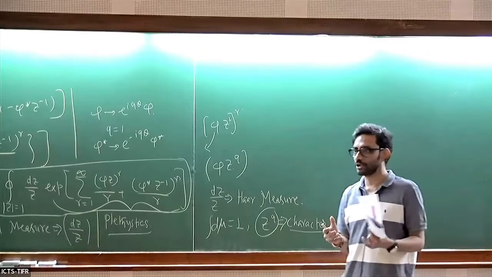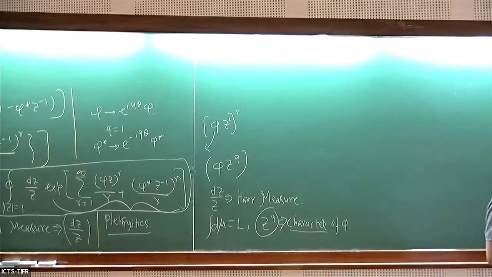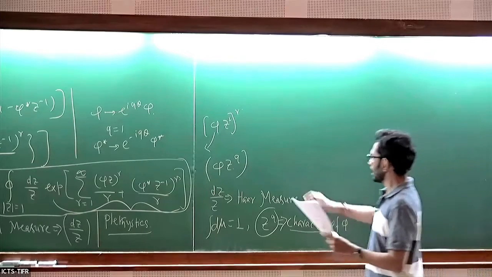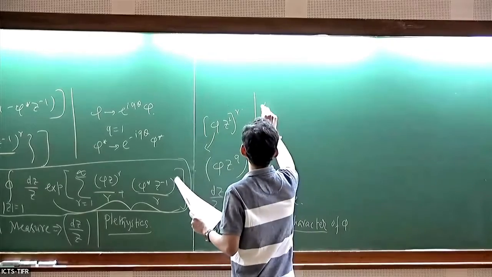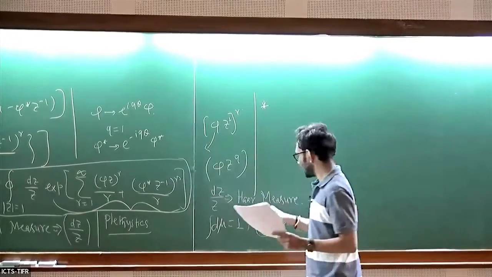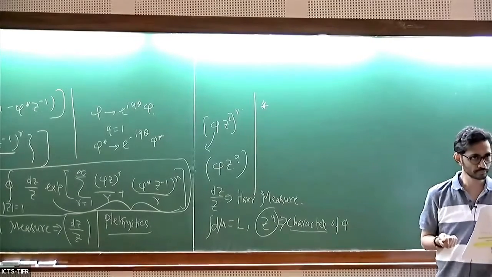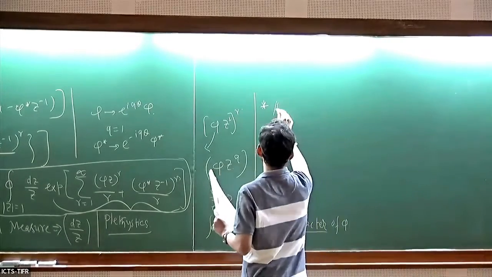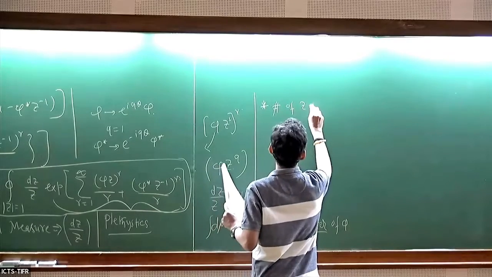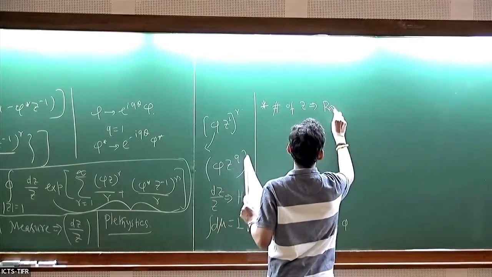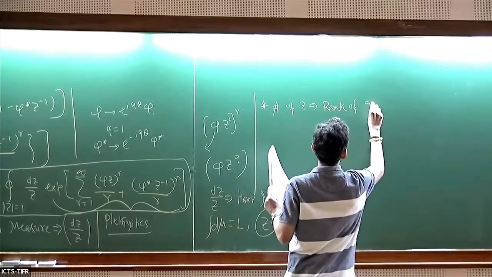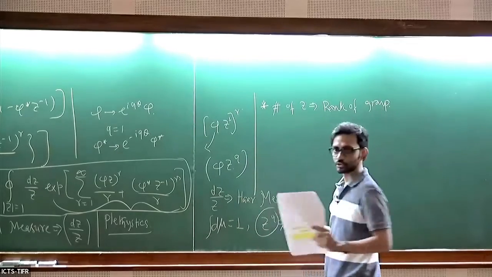Now you can ask, why one variable? Why not z1, z2, z3, z4? So I'll make a generic statement here: the number of z will connect with something that you already know. This number of z is basically the rank of the group that we are talking about.